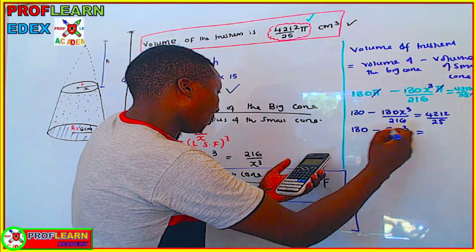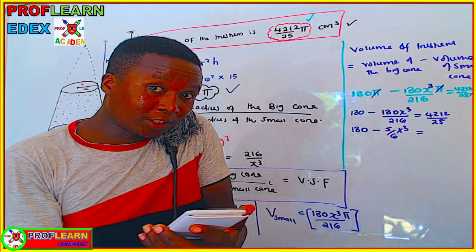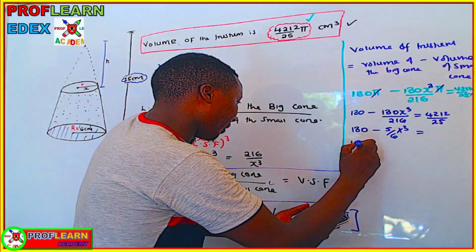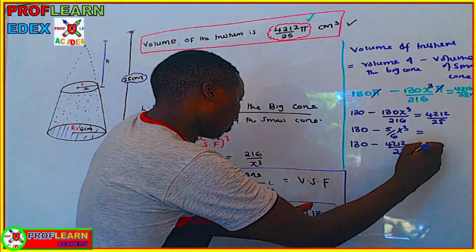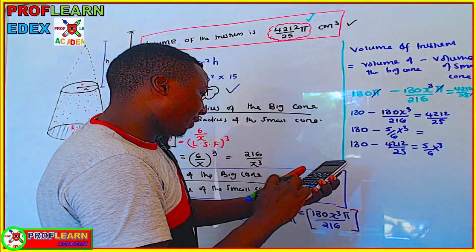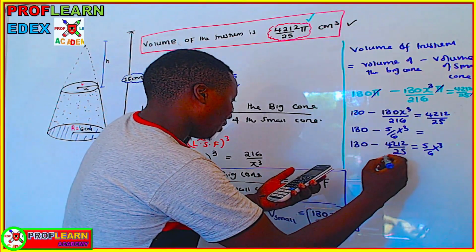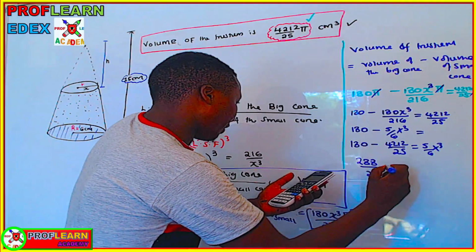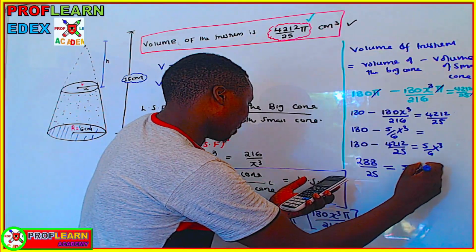So we can now bring this 4212 over 25 to the other side, and we take this to the other side. So it will be 180 minus 4212 over 25 equals 5 over 6 x cubed. 180 minus 4212 over 25 gives 288 over 25, which is equivalent to 5 over 6 x cubed.